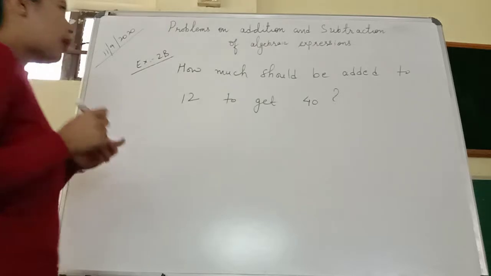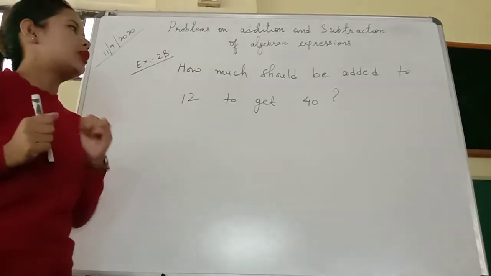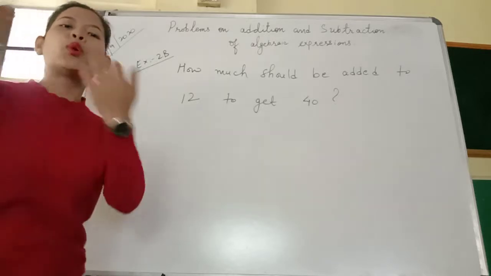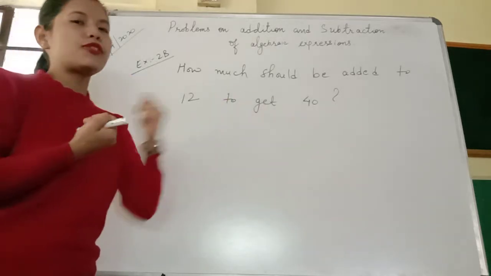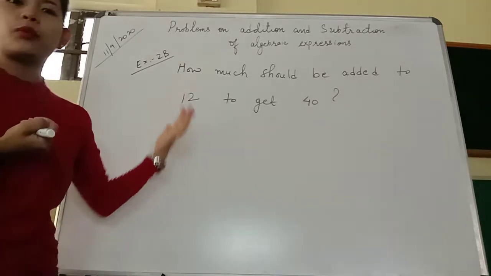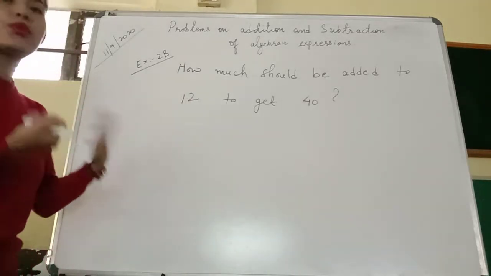Say I have 12 rupees, how much more do I need to make it 40? We will formulate this as an equation and try to figure out what should be added.